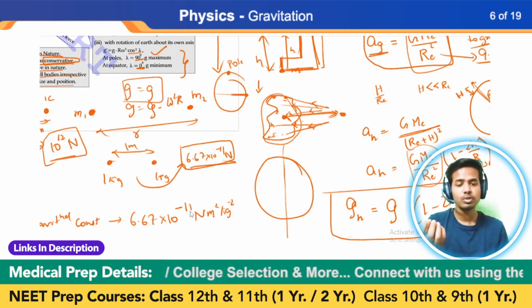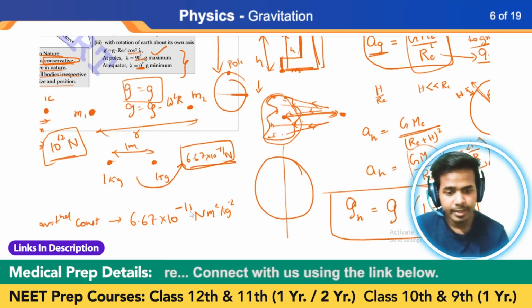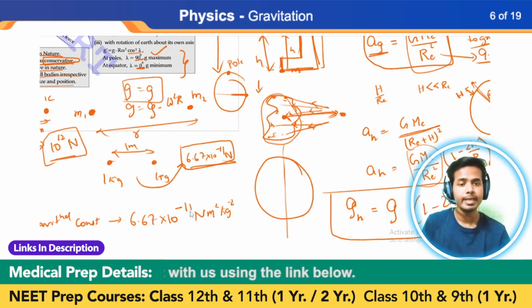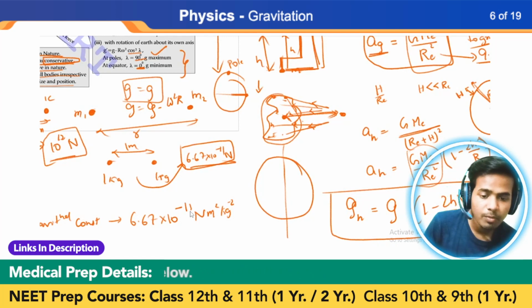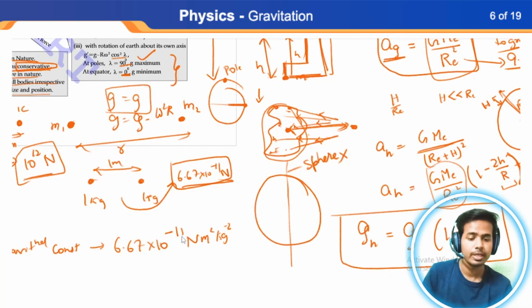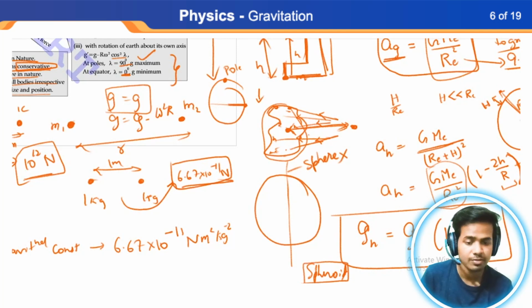If you rotate it, of course it will try to expand on the horizontal part, and that's what happened with the earth. While it rotated for billions of years, the shape of the earth is not a perfect sphere. It is actually a spheroid. What is a spheroid? It is a shape which almost resembles a sphere. It is not a perfect sphere.